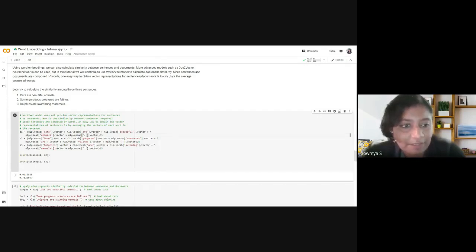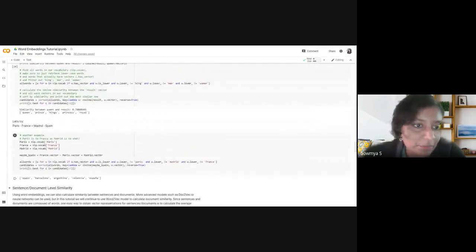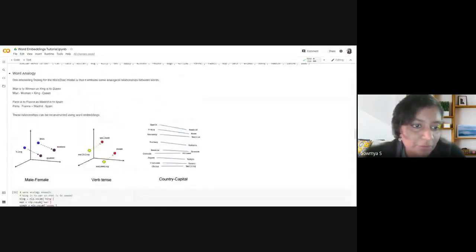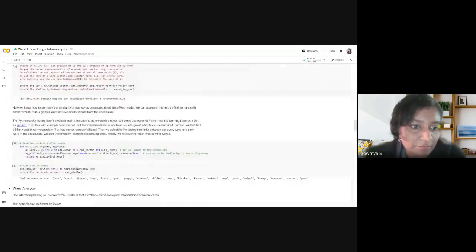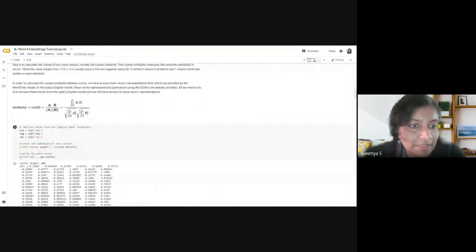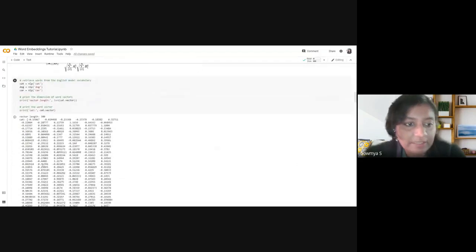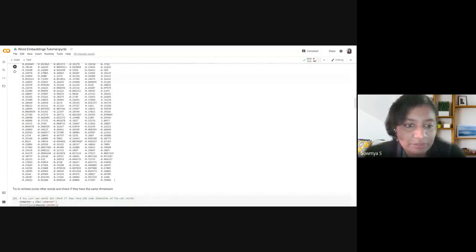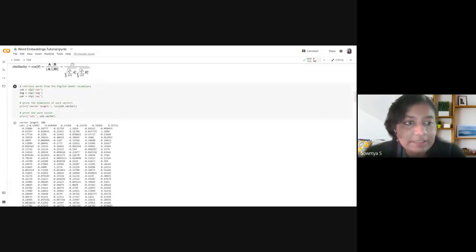In Word2Vec, when I retrieve, okay, I'll go back to cat here. I'll go back to the very beginning. So when I retrieve the word vector for cat, I have this particular huge vector, right? It doesn't depend on which meaning it is.